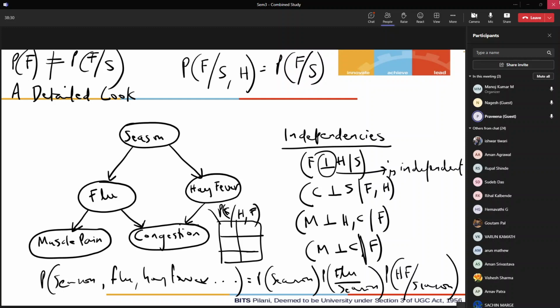So each time I'm going to expand the denominator. First one is S given F comma H comma M comma C. Second one is probability of F given H comma M comma C.